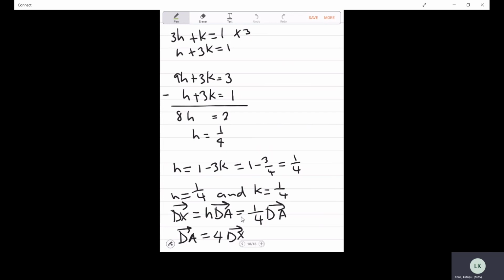So I write that down: that x cuts or divides DA in the ratio 1 to 3.